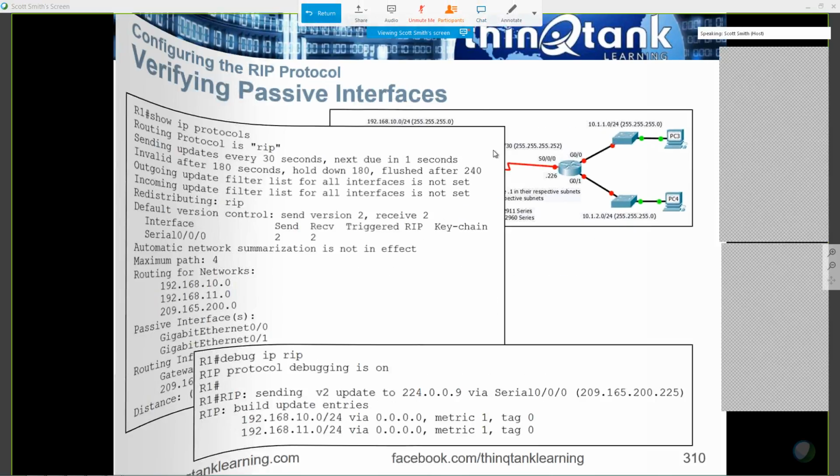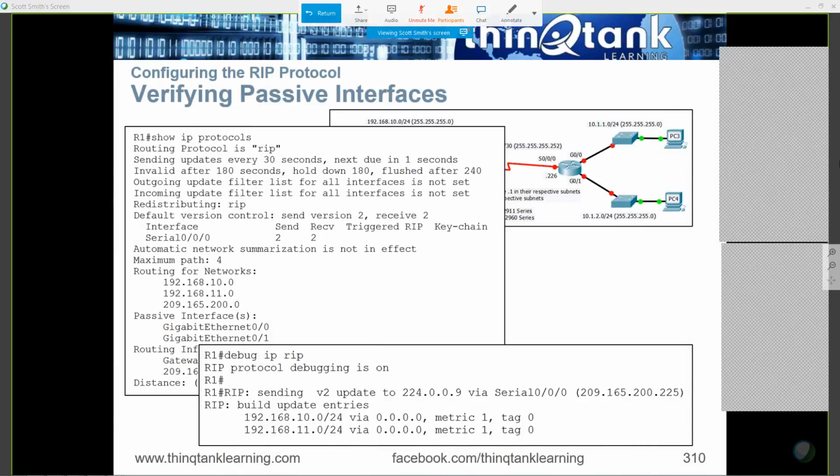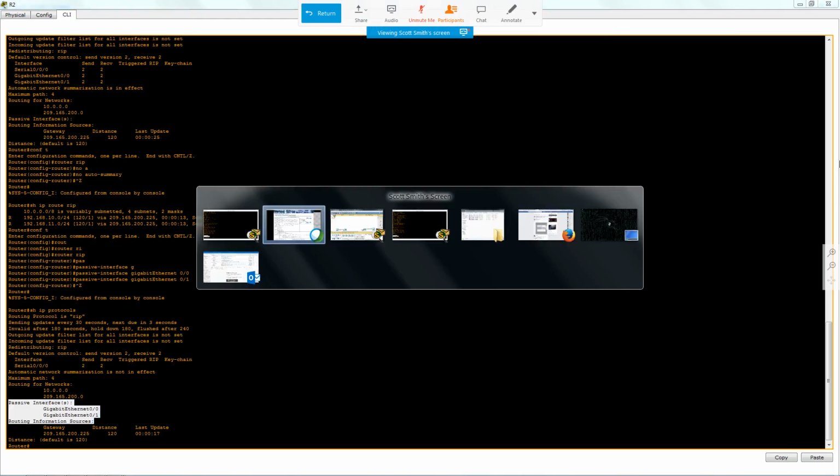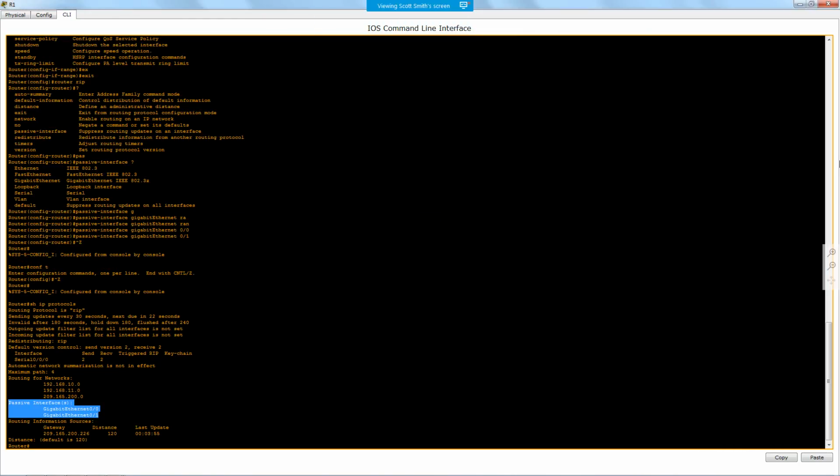All right, so again, just to verify everything, if you do a show ip protocols, you can see everything that we've done. We're running RIP version 2. We're now only running it on Serial 0/0/0 because the other two interfaces are passive. You see down there where it says passive interfaces, Gig 0/0, Gig 0/1. Everything else is the same.